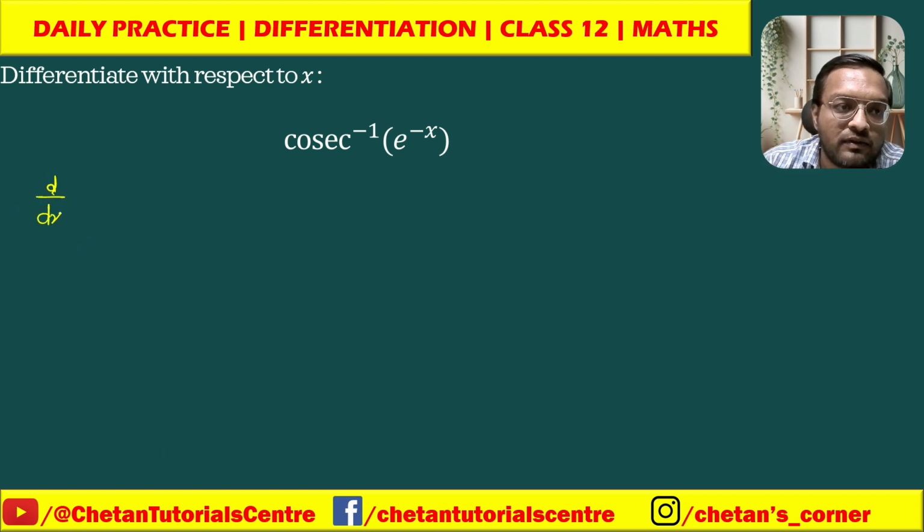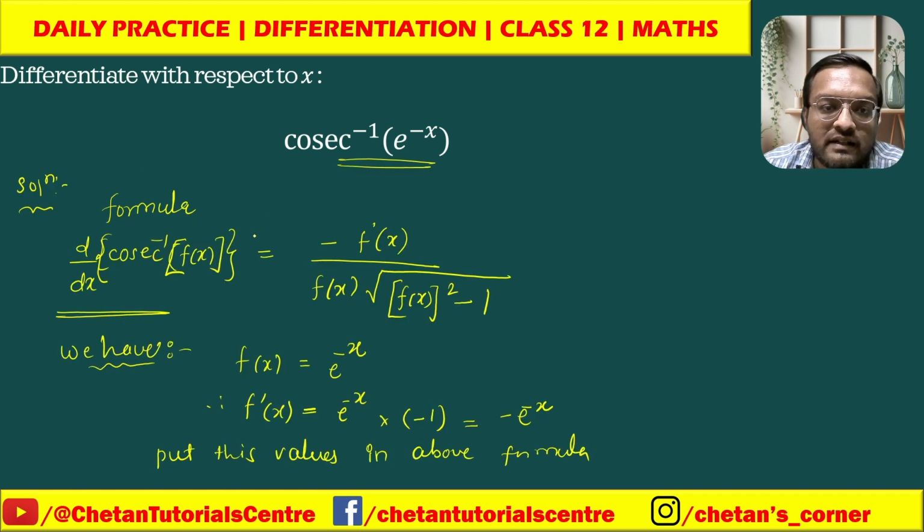Derivative of cosec inverse of e raised to minus x is equal to minus f dash of x.